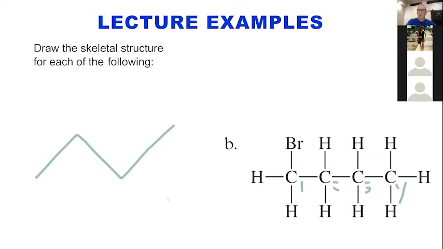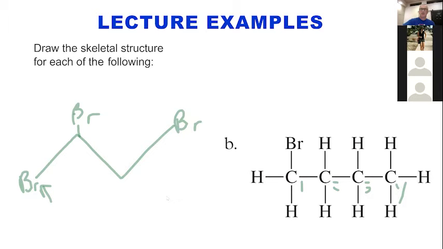Carbon 1. So we would just put a bromine there. If it was carbon 2, I'd put a line up to the bromine. For carbon 3, if it was carbon 4, also I'd just put the bromine at the end.